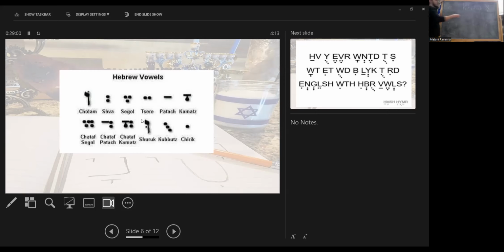Let's give an example. The word evil. We have our ayin that is no longer throaty here. And here we see the yud behaving as an I rather than a Y. This is not I here. This is either.